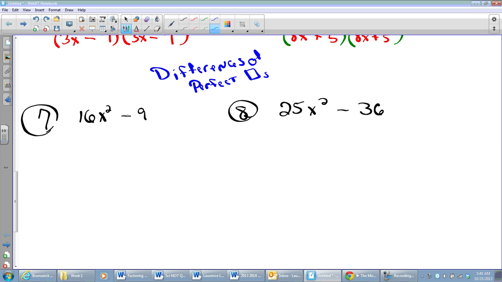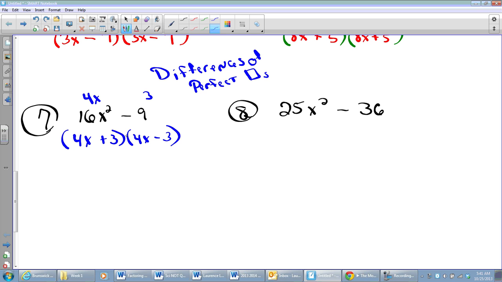Well, let's see how these factor, because I can factor these even quicker than I can do those. Is this 16x squared a perfect square? Perfect square? Sure it is. Square root is 4x. 9 is a perfect square. 3. We've got a minus in the back. 4x plus 3. 4x minus 3. I have to have one of each sign, right? There you go.